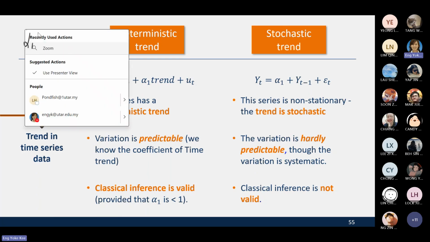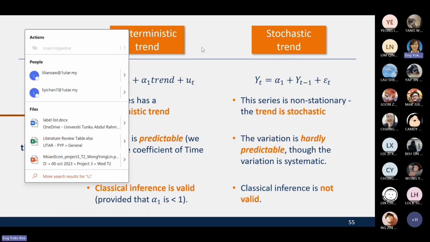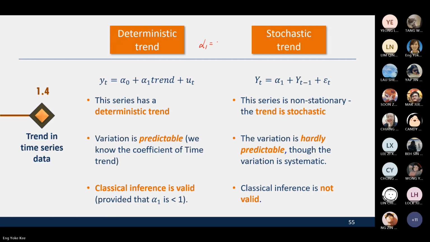Alpha 1 equals the change in y due to change in the trend pattern. What is trend? Equal to 1, 2, 3 until, depending on how many sample data you have, 30. Okay, so let's say I'm getting this value, y equals 2 plus 3 trend.